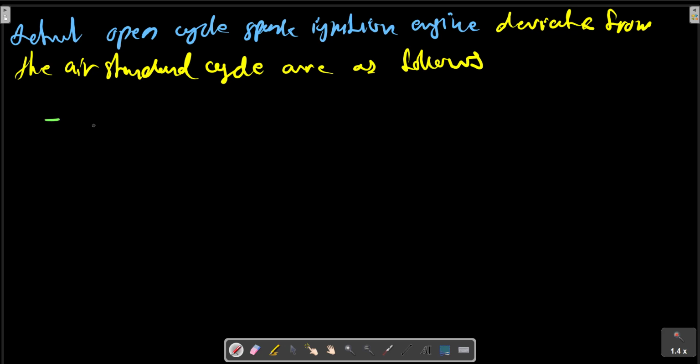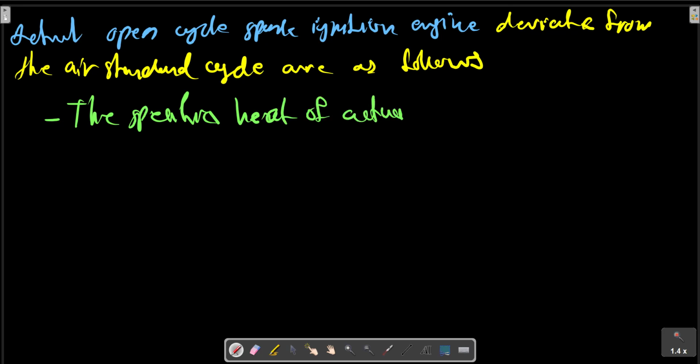The first one, the specific heat of the actual gases increase with an increase in temperature.